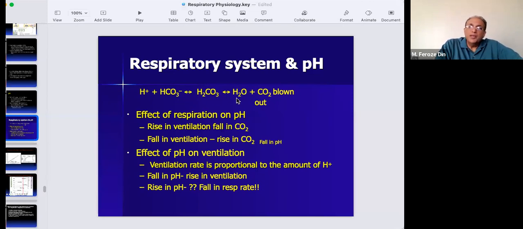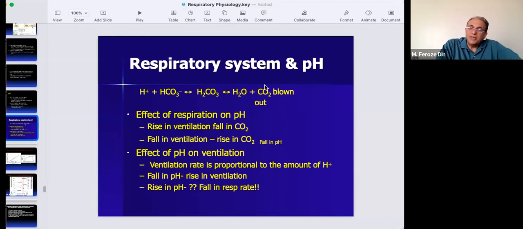Carbonic acid is in equilibrium with its two components, water and carbon dioxide. The carbon dioxide is being blown out by the lungs, so that if carbon dioxide is blown out, the reaction is pushed that way and it will mop up the extra acid. That's why I keep on saying that by blowing out carbon dioxide, you're actually blowing out acid.